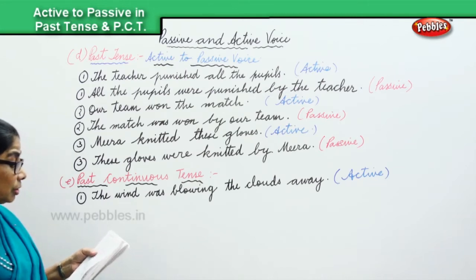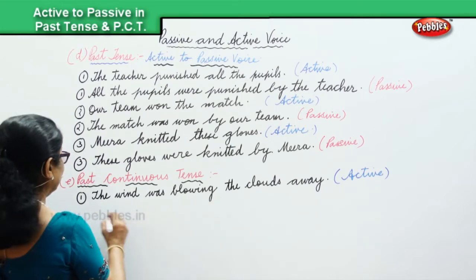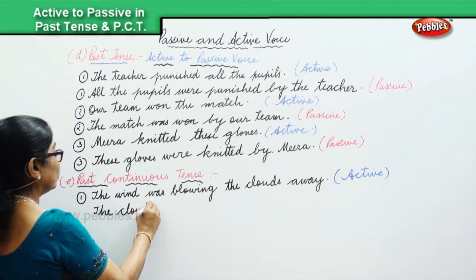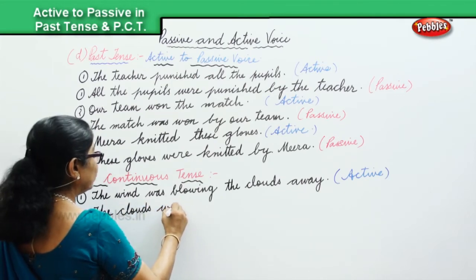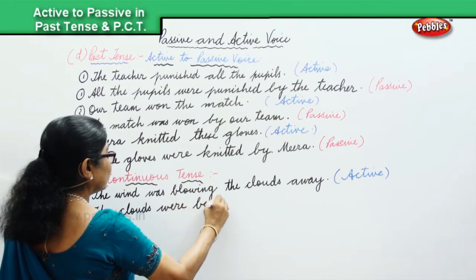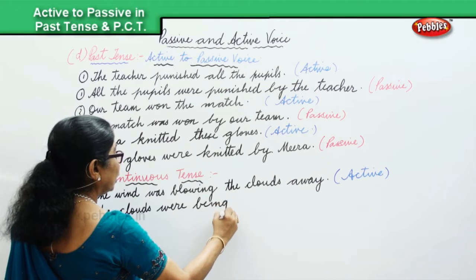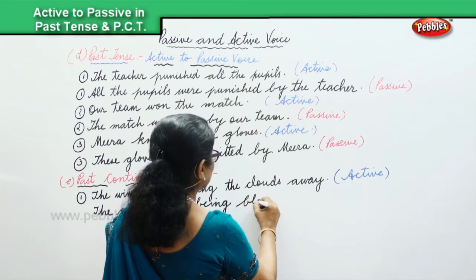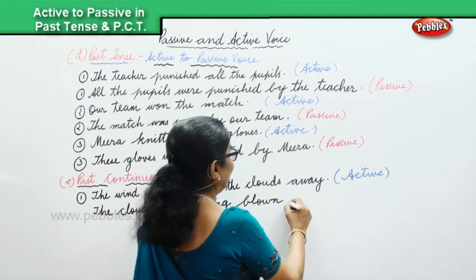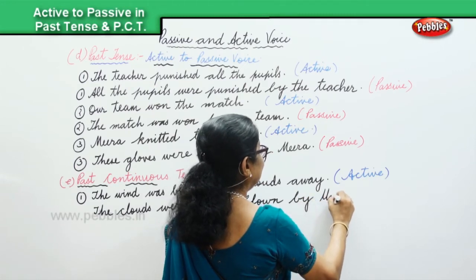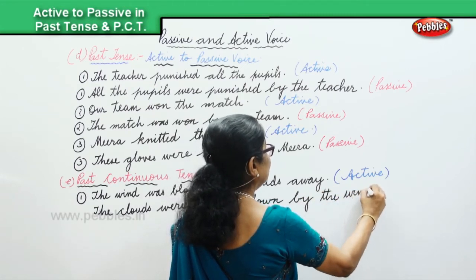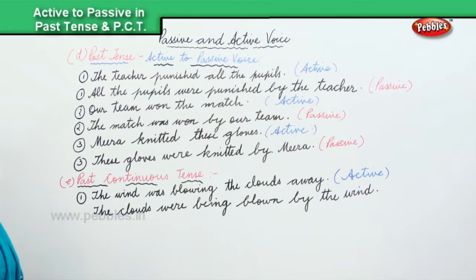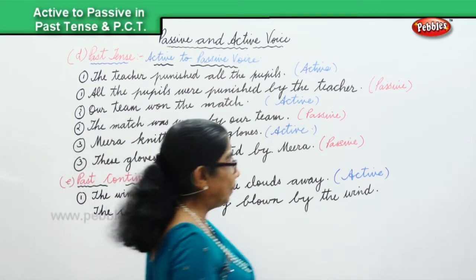So the clouds were being blown by the wind. The clouds were being blown by the wind, and that is in the past continuous tense, and that is the passive voice.